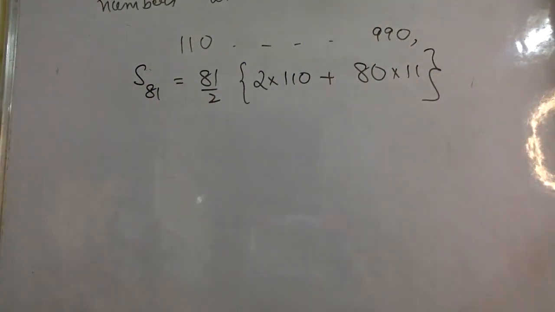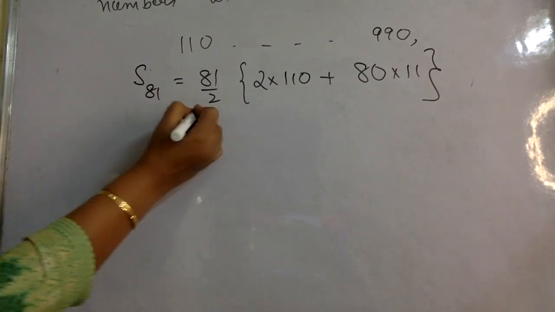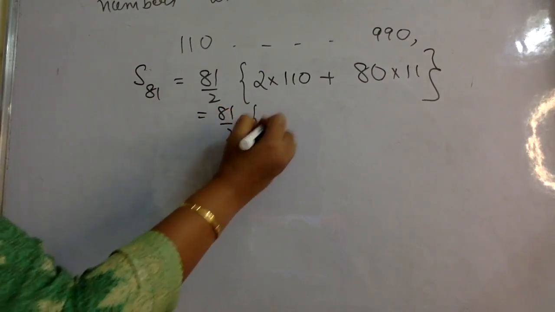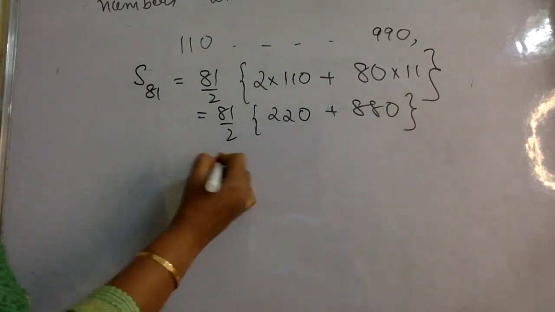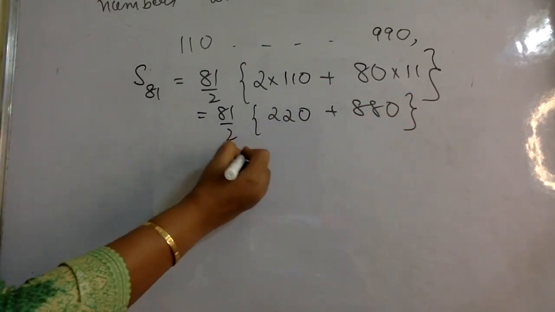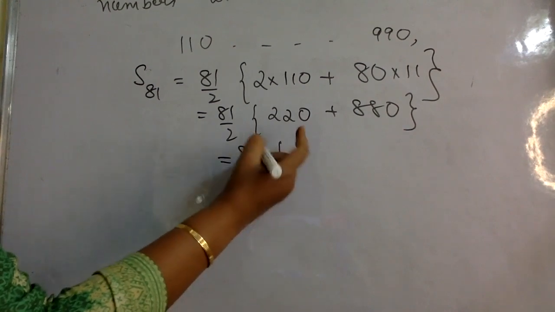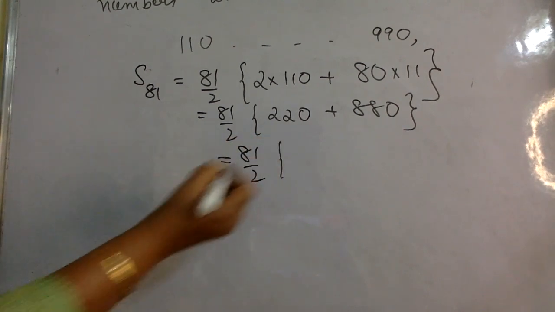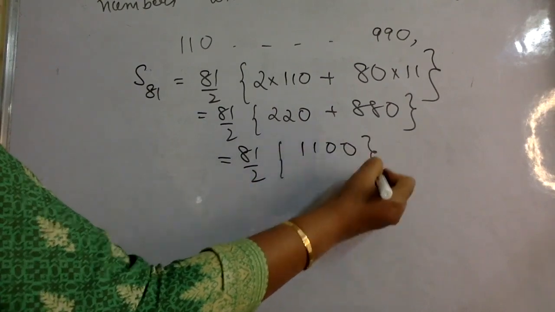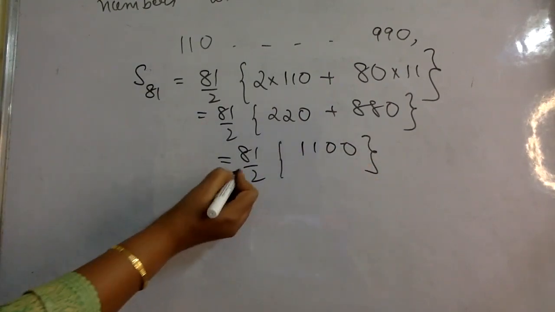Okay, so that comes to 81 by 2, 220 plus 880. Okay, that is 81 by 2 and 1100, isn't it? Now we can cancel it.